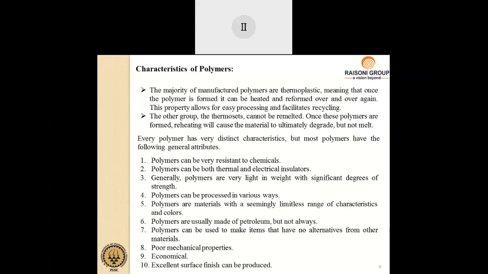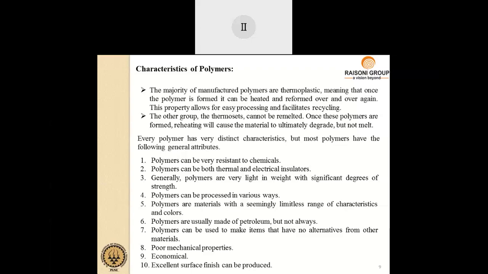So generally polymers are made in those cases where there are no alternatives, because many simple, common materials have very limited capabilities. If you want to make materials for very specific applications, we can make them using polymers.